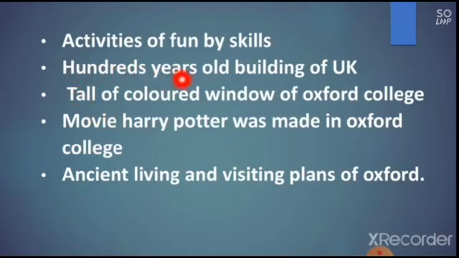Next, hundreds-year-old buildings of UK, where many ancient buildings are still in good form, which were constructed hundreds of years ago.